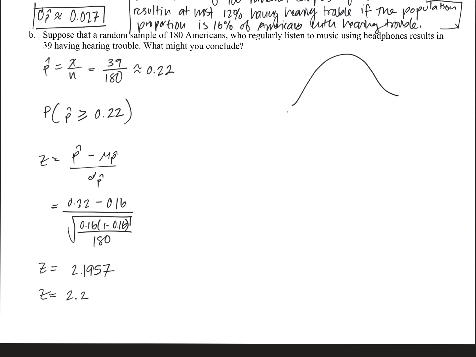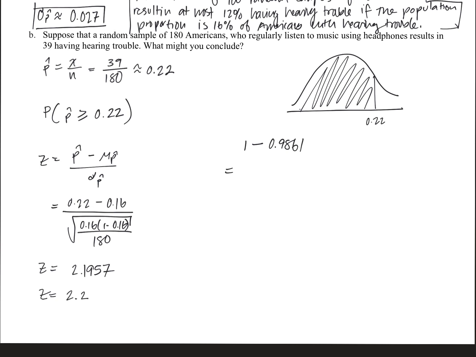Okay, so we are looking for something greater than 0.22, but the z-table gives us the area to the left. So we need to take 1 minus whatever we find for 2.2. The value that we find for 2.2 is 0.9861.